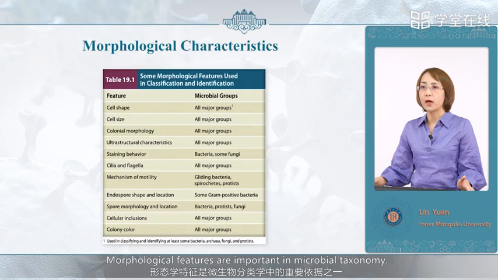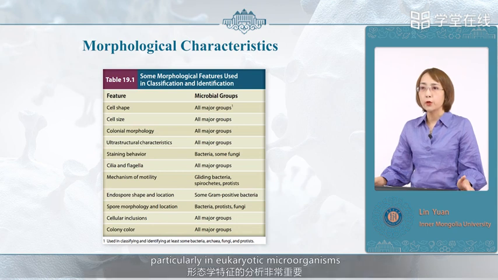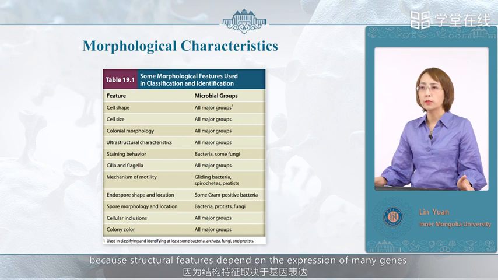Morphological features are important in microbial taxonomy. Morphology is easy to study and analyze, particularly in eukaryotic microorganisms and more complex bacteria and archaea. In addition, morphological comparisons are valuable because structural features depend on the expression of many genes and are usually genetically stable.